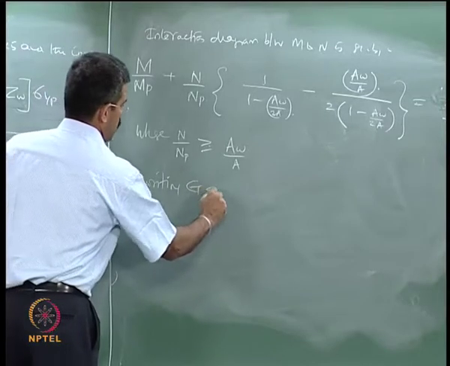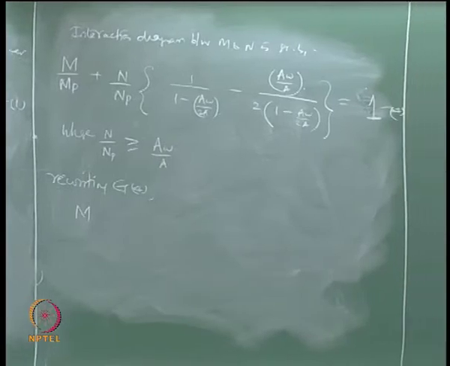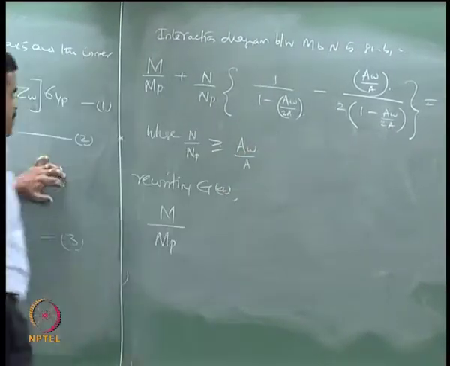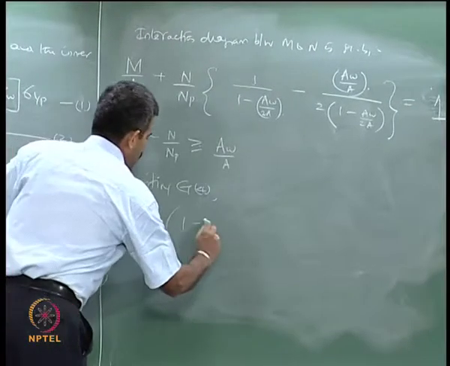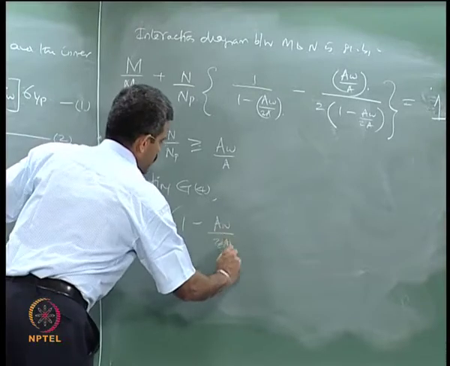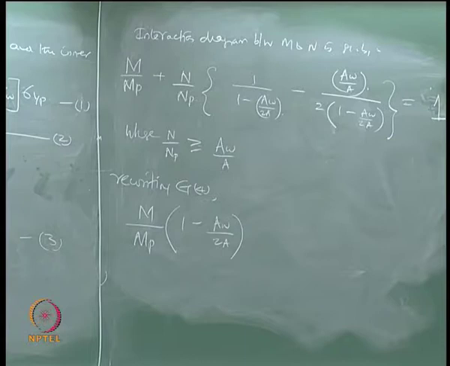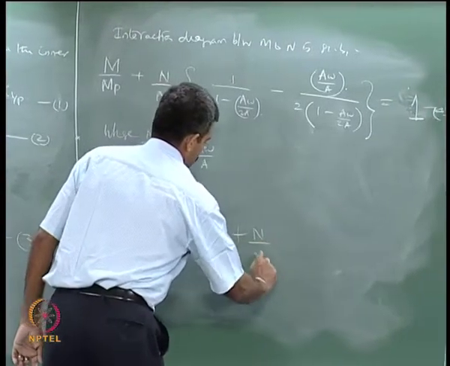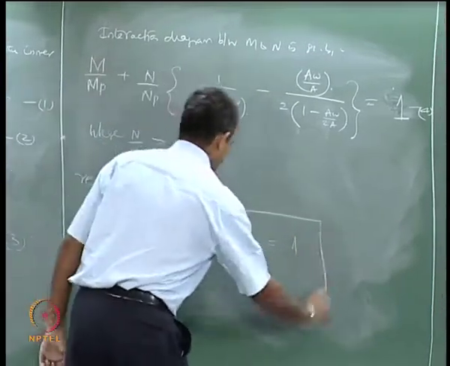Rewriting equation 4: M by MP of, because I have got common terms I can rearrange them, 1 minus AW by 2A plus N by NP as 1. That becomes the interaction diagram.